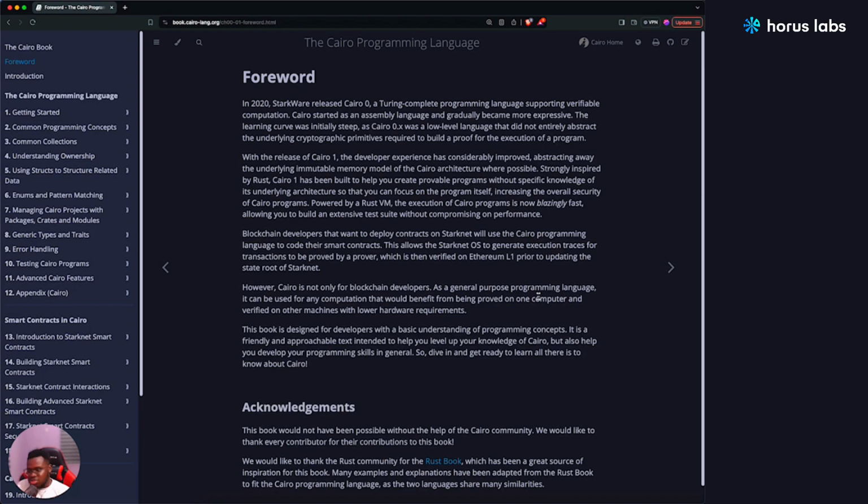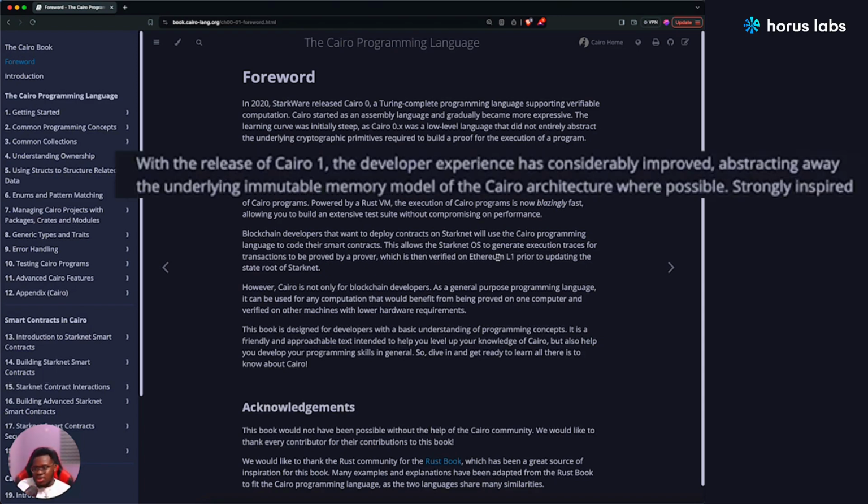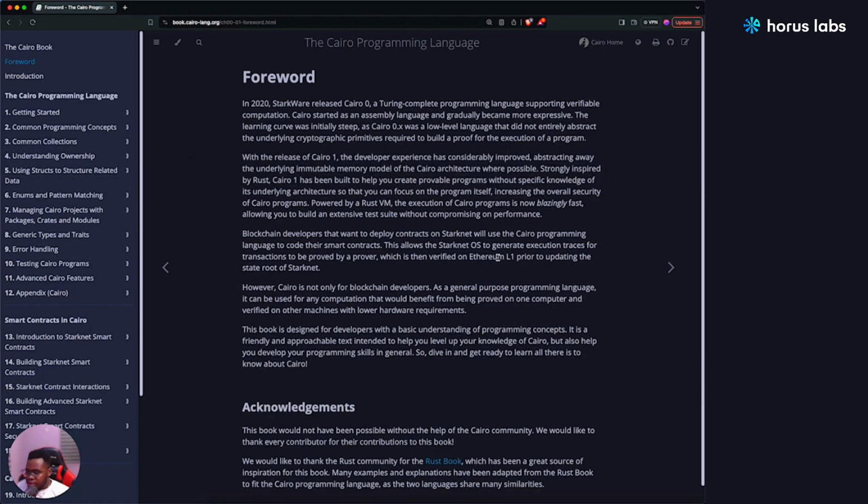It was a bit difficult to get through for normal people like you and I. Thanks to Cairo 1, which came in and simplified the whole ecosystem, it was a lot more Rust-like, which meant that Rust developers had an edge and could easily get through, since a lot of its concepts were taken from existing Rust concepts.